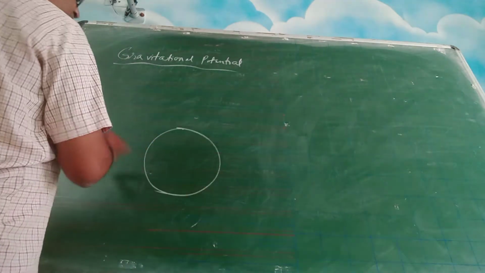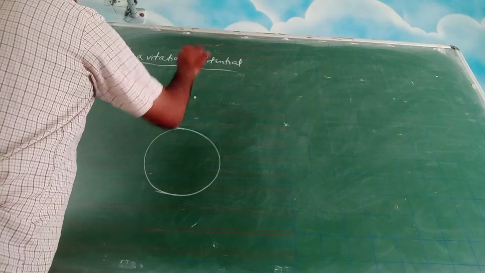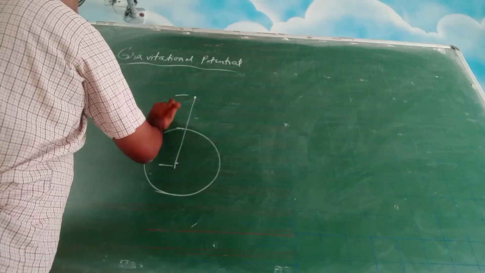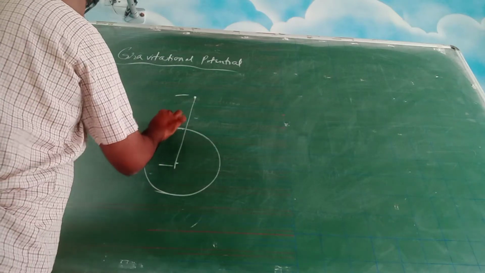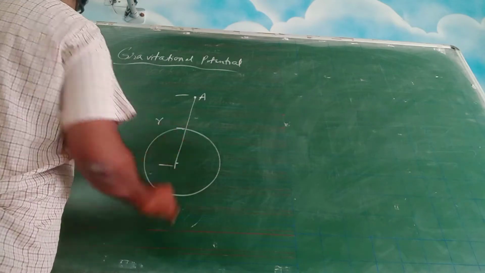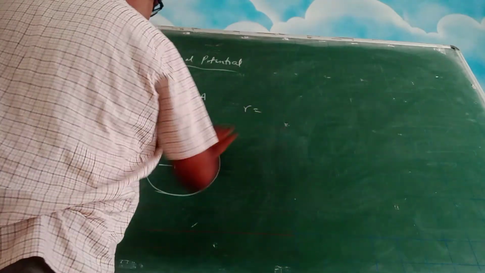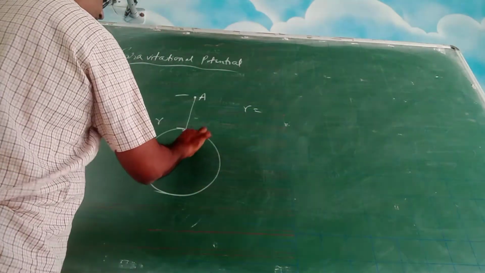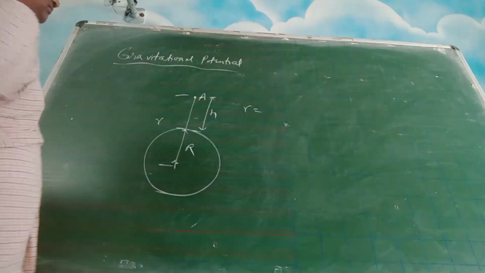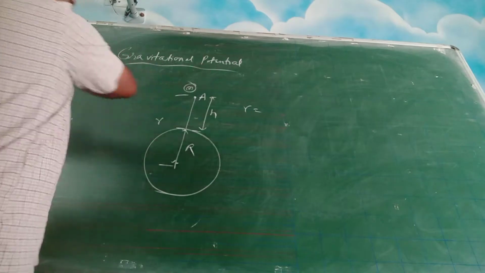You have seen this is our globe, and at a particular point you want to find out the gravitational potential energy. We call this point A. This distance is R, and let us say this distance is h, and there is a mass m.